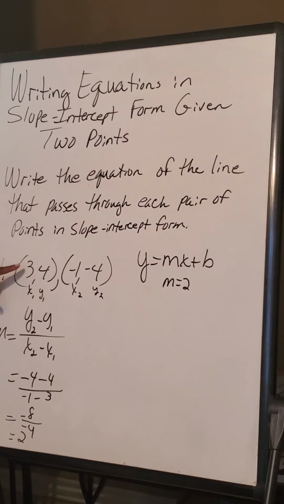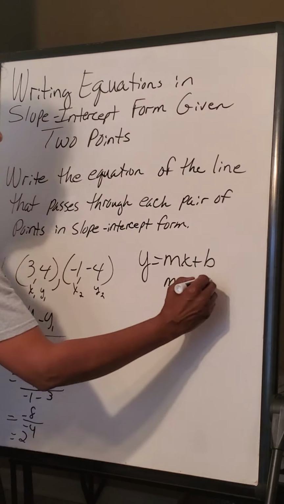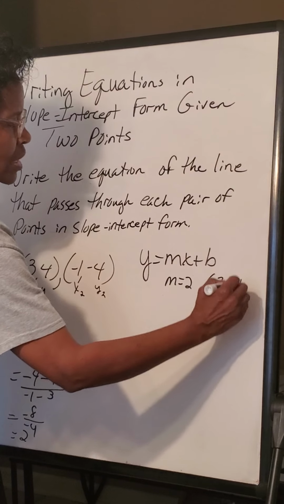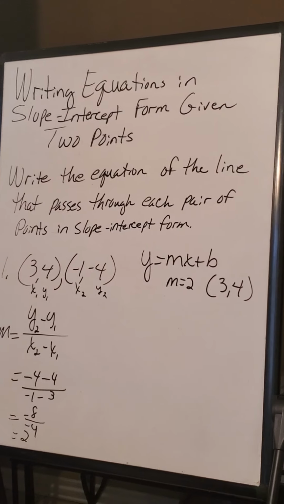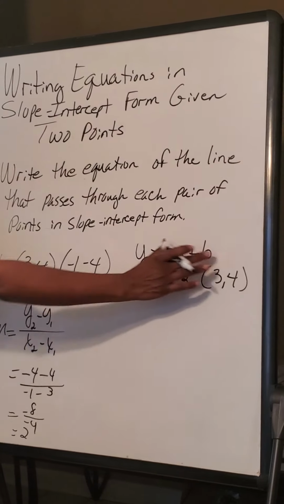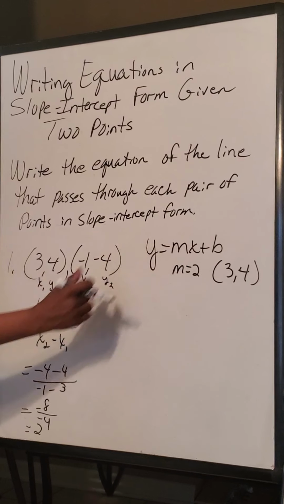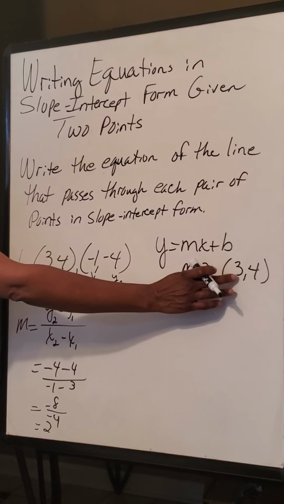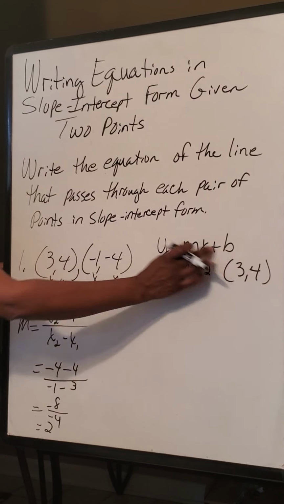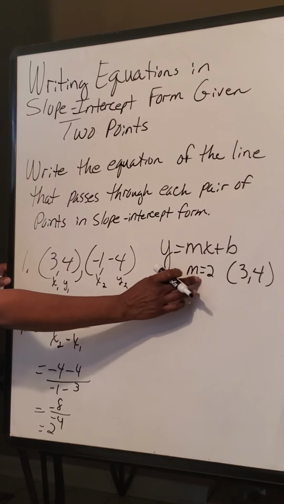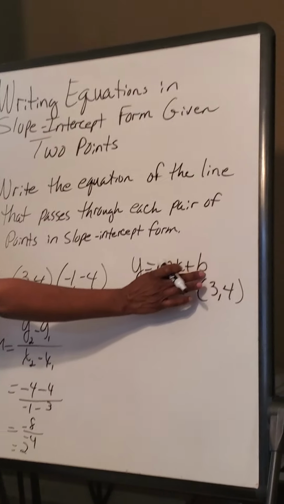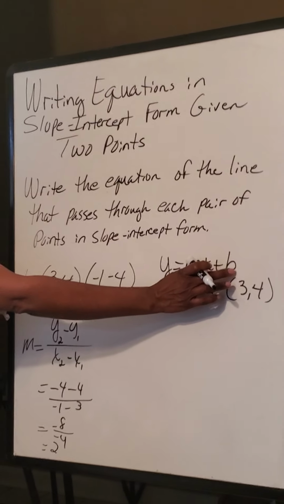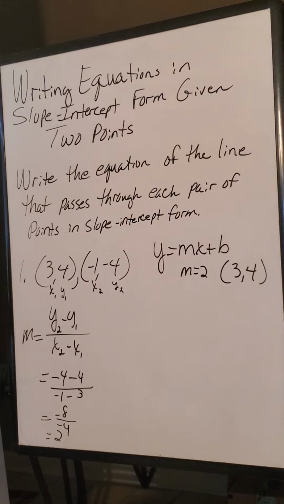And I'm going to use this first ordered pair. And now I have 3 numbers. In my equation here, I have 4 variables. So I have a value for my m, I have a value for my x, I have a value for my y. So if I substitute these 3 numbers, my b is missing, and remember, b represents your y-intercept.